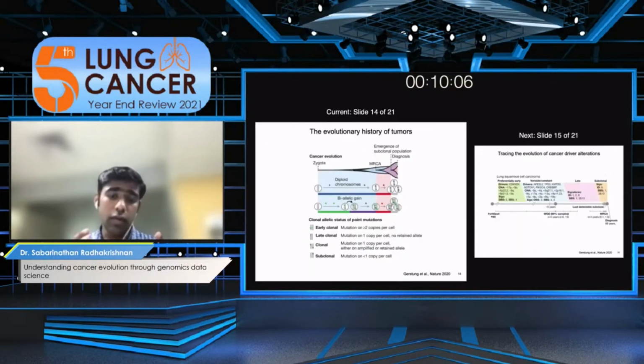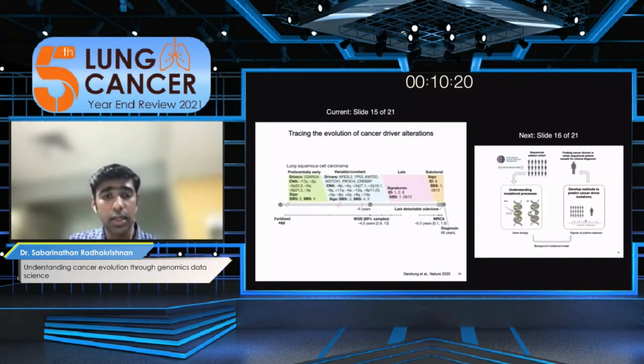So once we define the drivers, together with the copy number information, can we try to time which mutation has occurred in the early stage or the late stage of the tumor? This is to understand the biology and the clonal evolution. And this is one particular sample of lung squamous cell carcinoma.